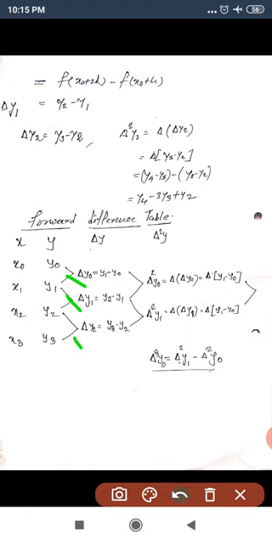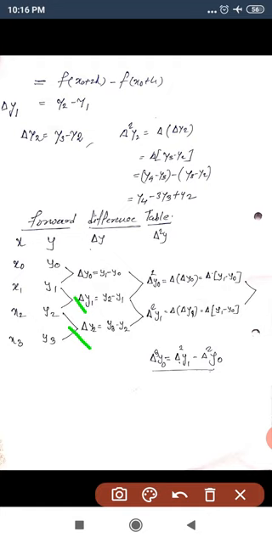Similarly, the second difference operator, del square y. Del square y is this value minus this value: del of y1 minus del of y0, del of y2 minus del of y1, which is the second difference operator.